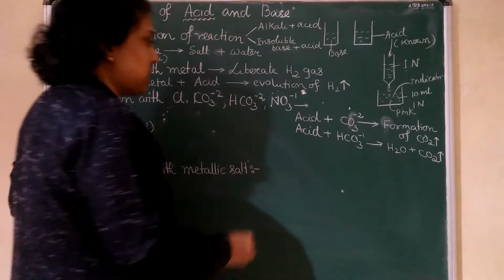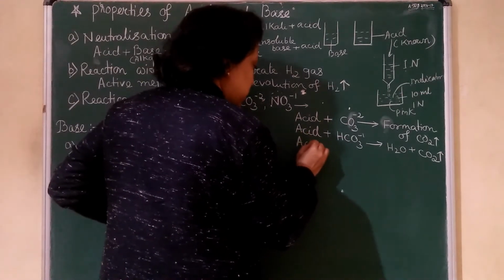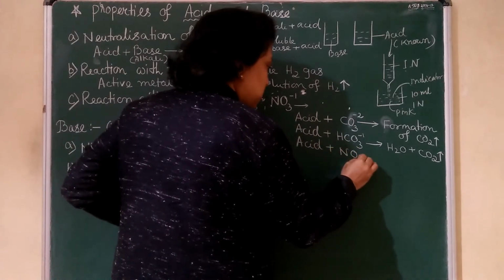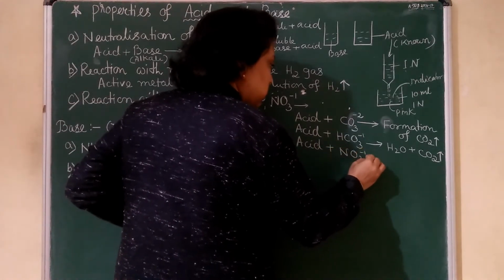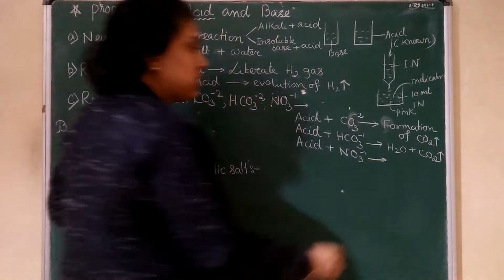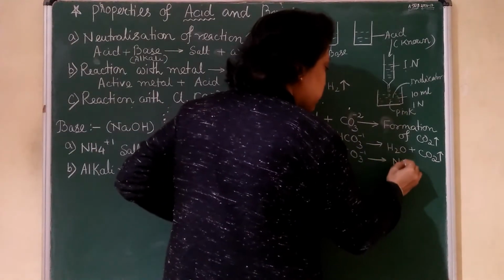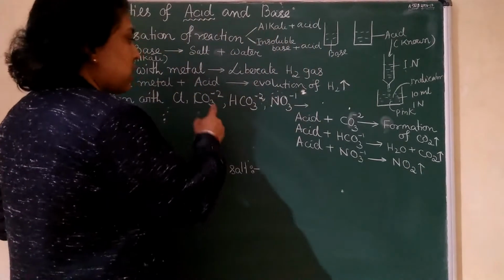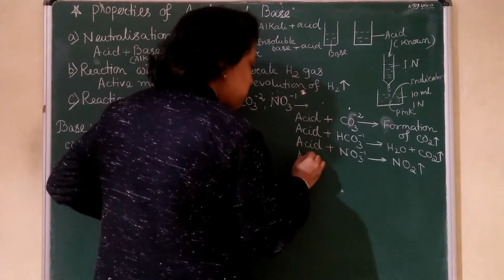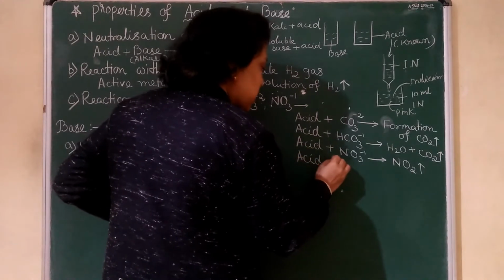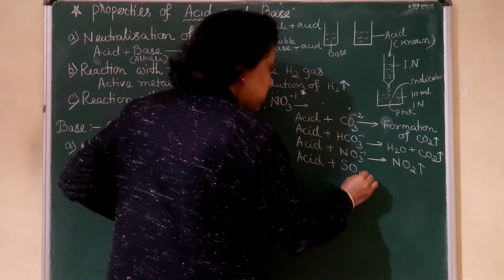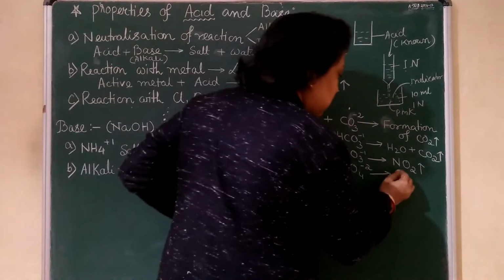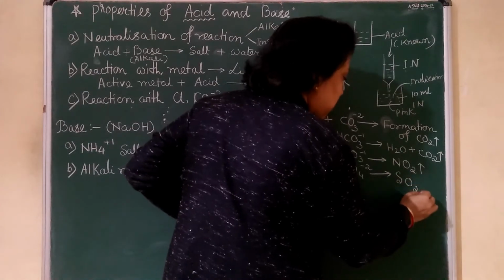If it is a nitrate salt, acid plus nitrate salt, it will give you NO2 gas. You can write others also: if it is acid plus sulfate salt, then it will give you sulfur dioxide gas.